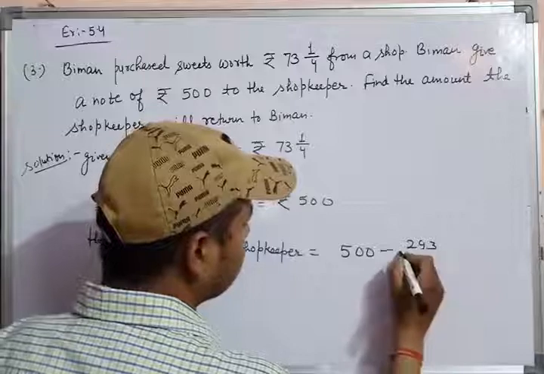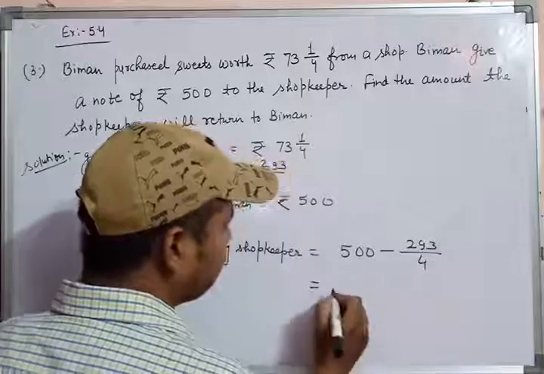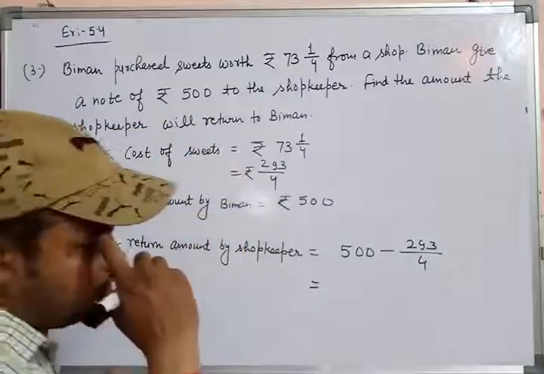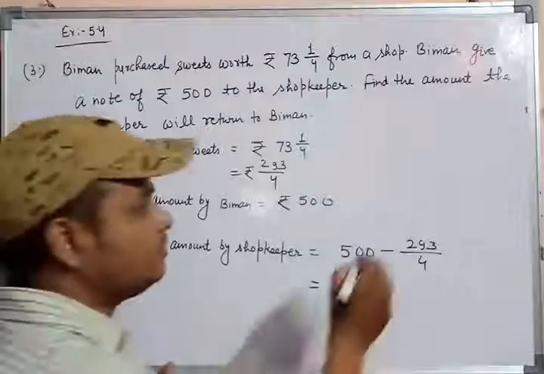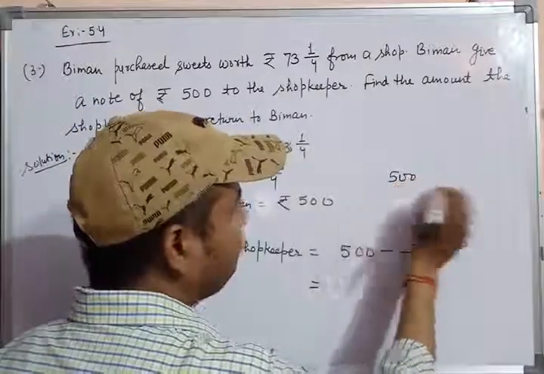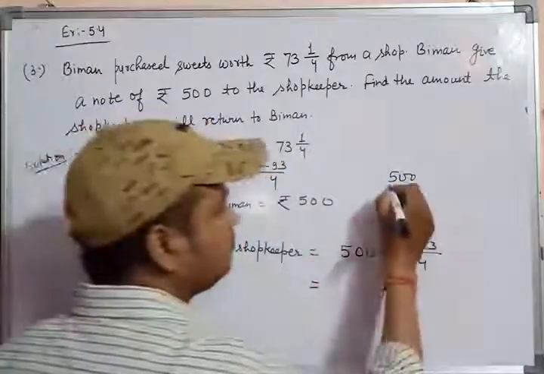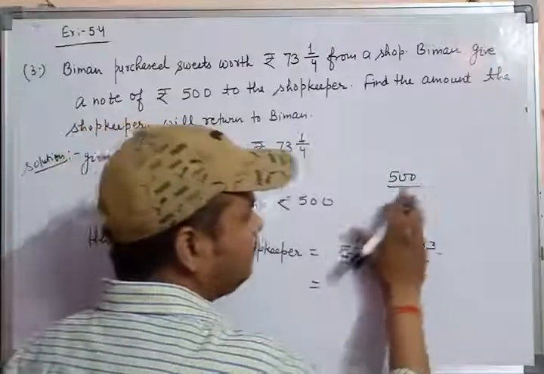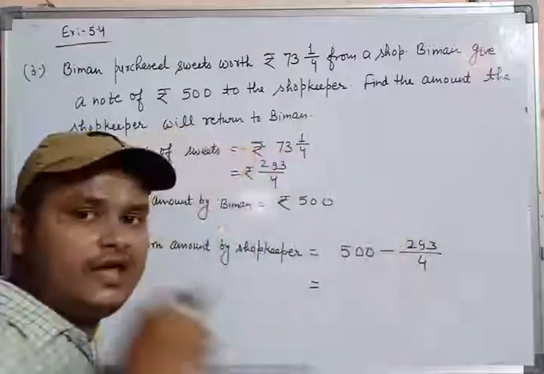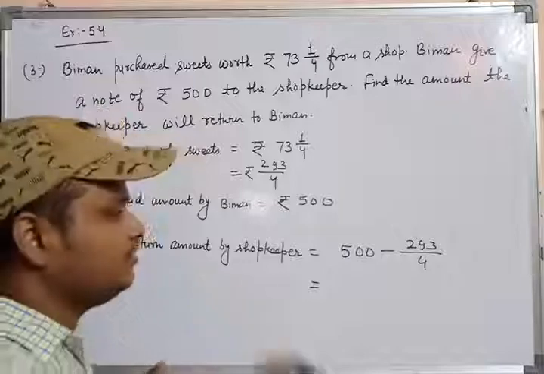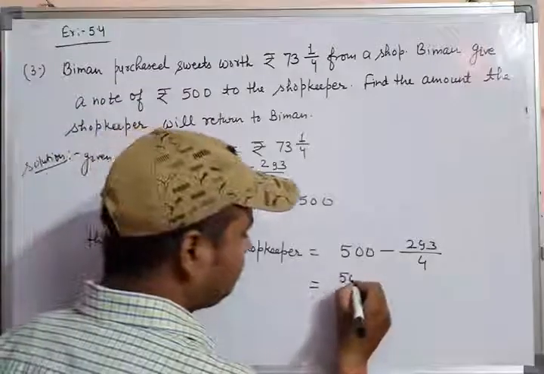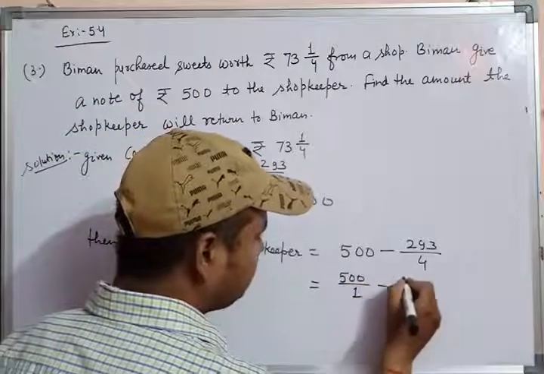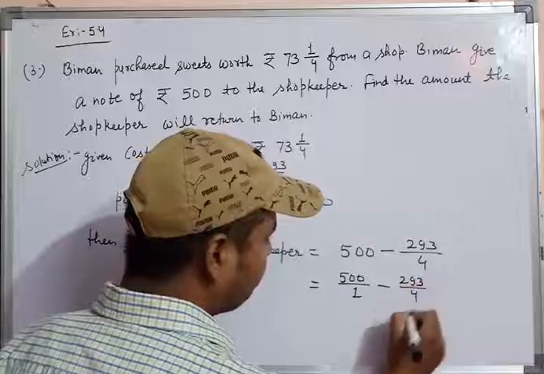293 upon 4. So student, I have explained that if a number is written without any fraction, then it is understood that the denominator of every number is always 1. So we can write 500 upon 1 minus 293 upon 4.